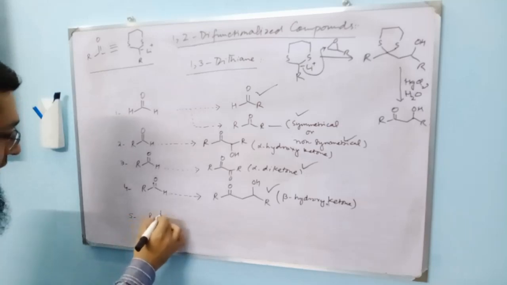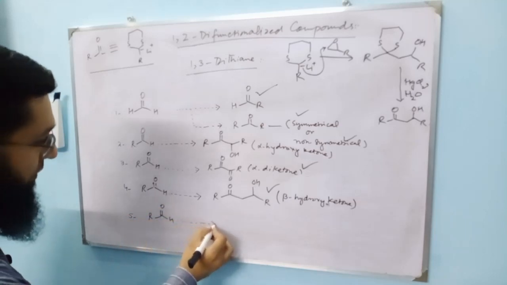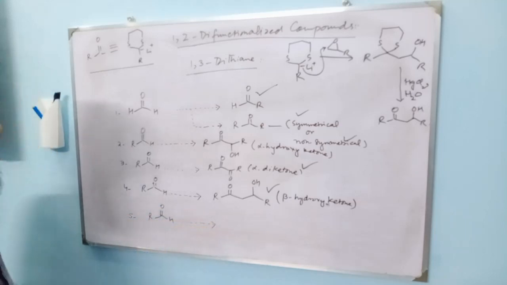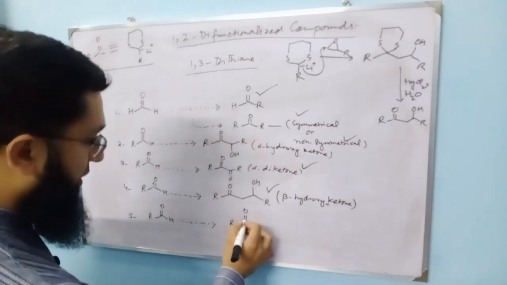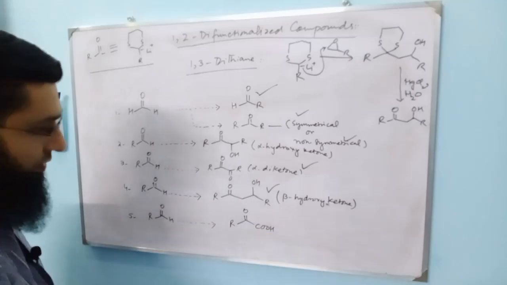If we use aldehydes and again we use Corey-Seebach reagent, we can prepare alpha keto carboxylic acids or their esters.